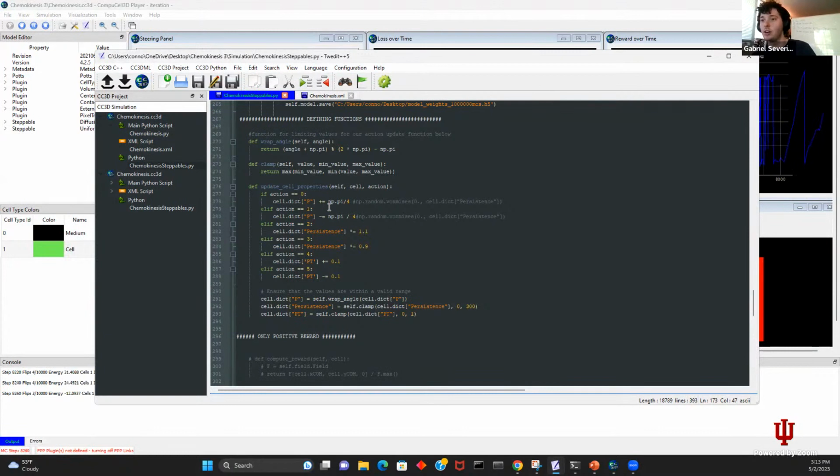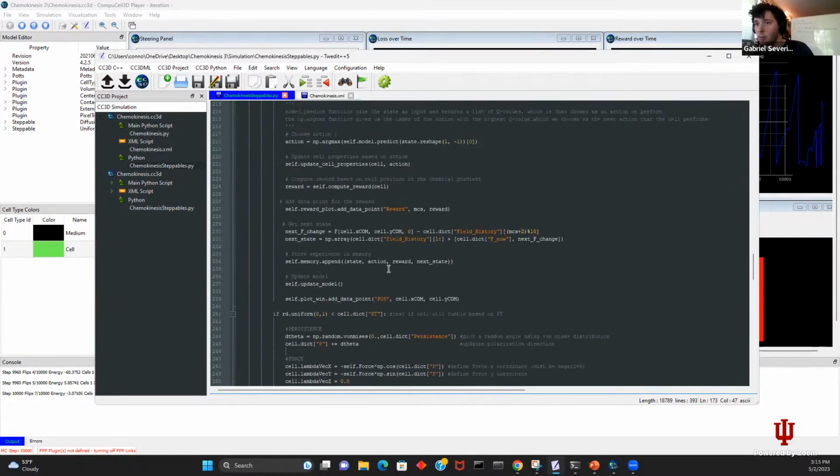That could be increasing the P or decreasing the P, which is the polarization, so this is the direction, increasing or decreasing the persistence, or increasing or decreasing the probability of tumbling. Then I just have these functions here that make sure it doesn't go out of bounds, that it doesn't do something, quote unquote, illegal. So I wrap an angle and then I clamp it so that persistence doesn't go somewhere crazy.